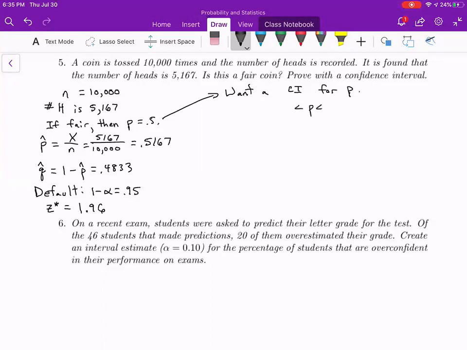Wait, is it because it's symmetric? Like it's 0.025 on both sides. So is that why you could write 1.96?